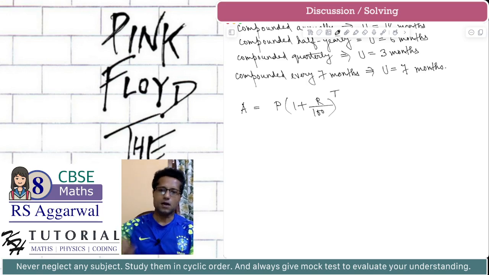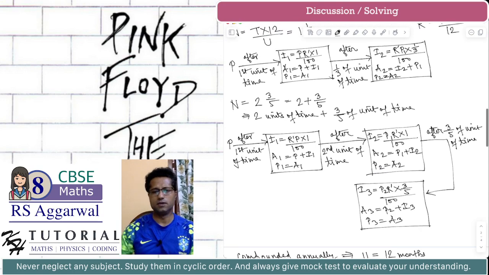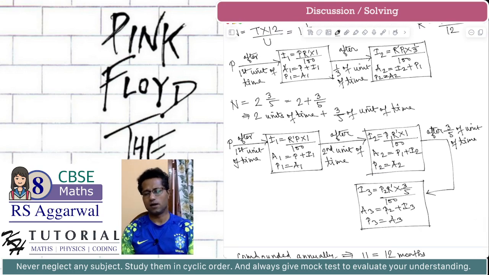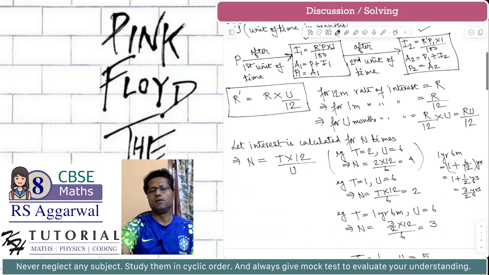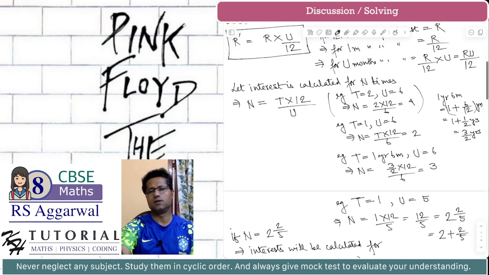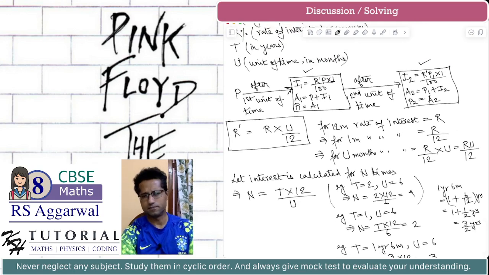I hope I was able to explain how compound interest actually works step by step. That is, at the end of every unit of time, how we calculate the interest, and how many times we need to calculate the interest based on the unit of time and the time period, that is capital T and U, and how we calculate R dash based on R and the unit of time.